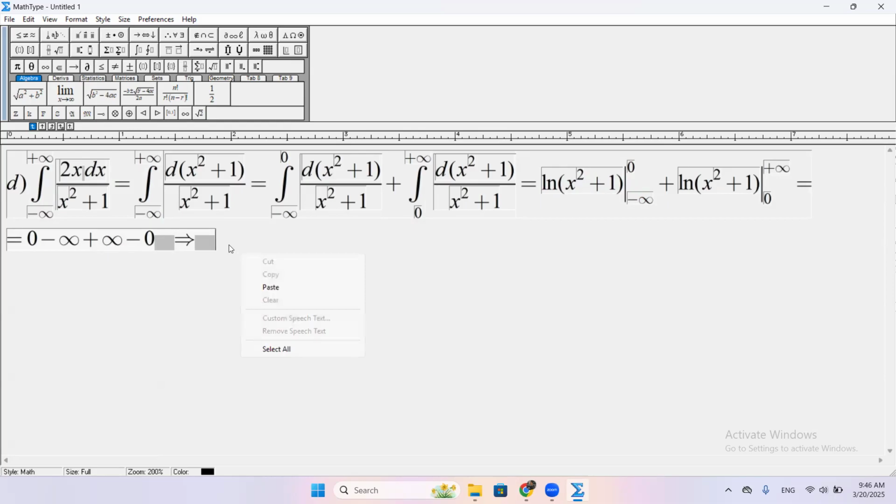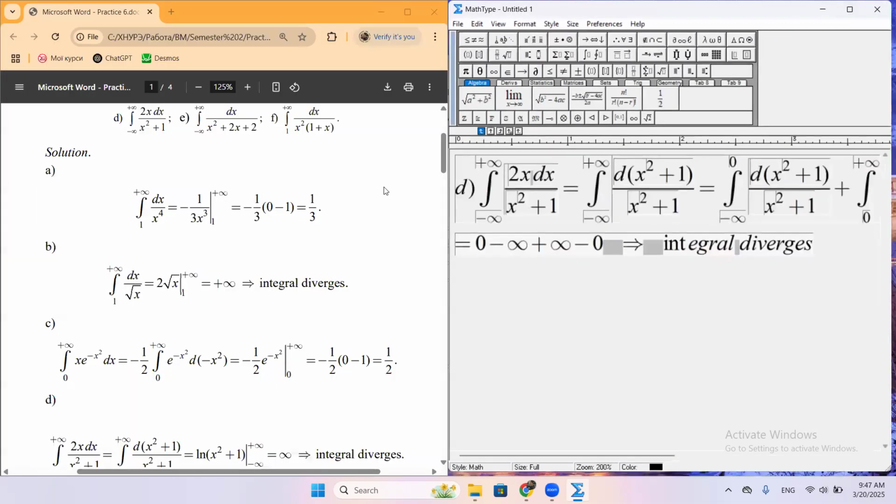Okay, so the integral diverges. It is the final answer. Maybe any questions about this exercise? No questions. Okay, so let's move next.